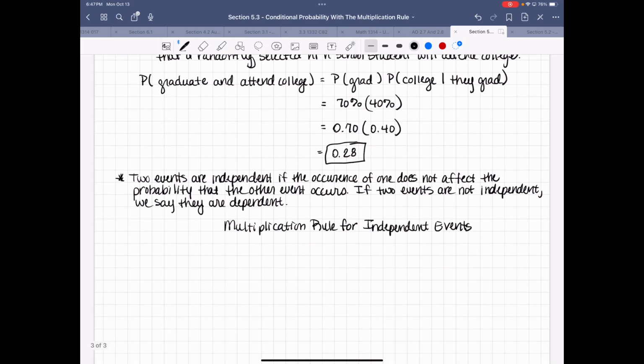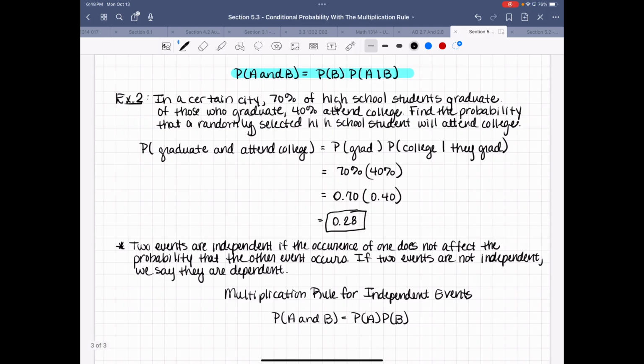It is the probability of A and B equals the probability of A times the probability of B. Now you'll notice at the top we said the probability of A and B was the probability of B times the probability of A given B. Well, that's because they may not be independent events.